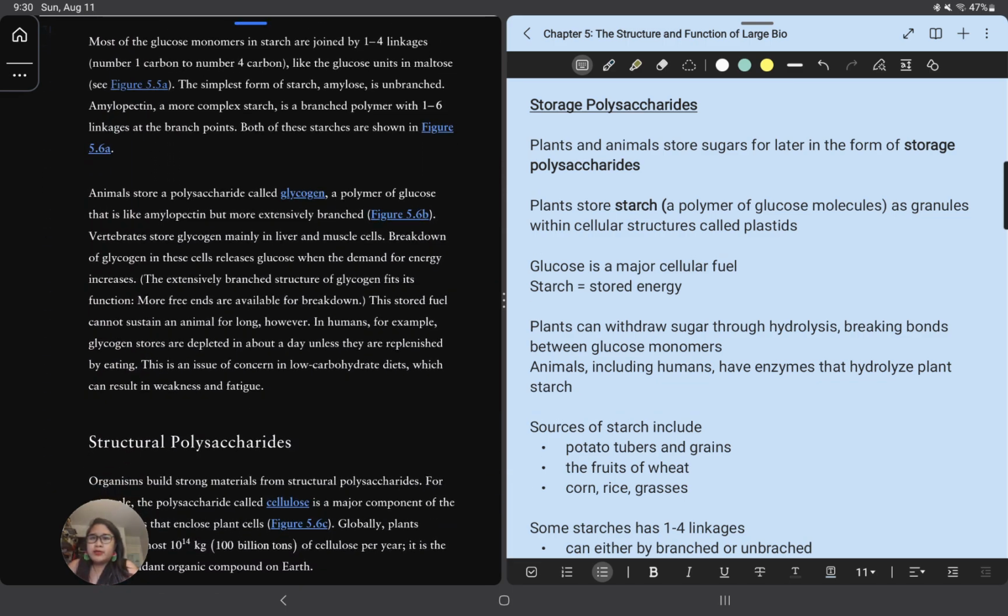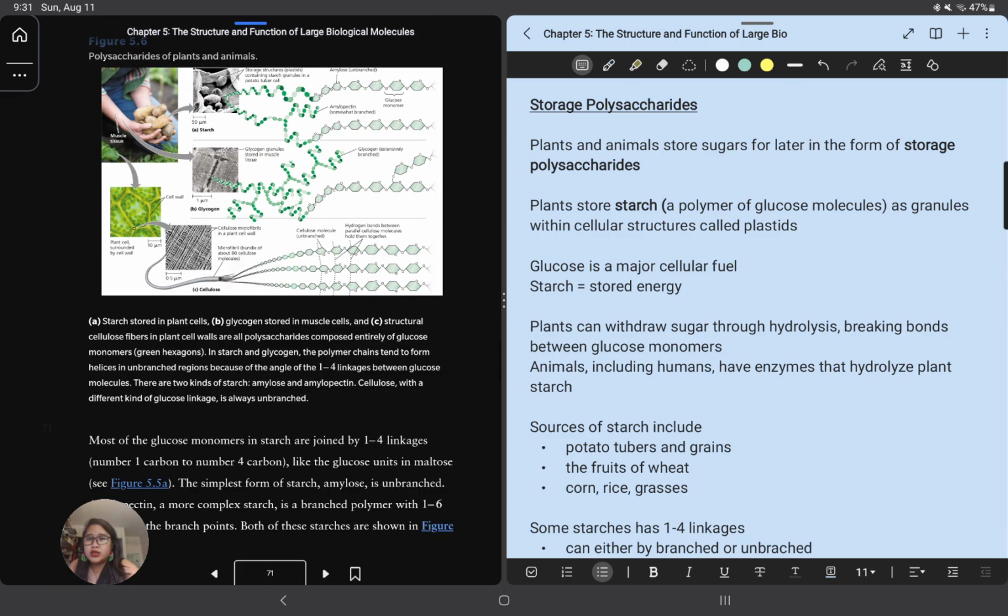Most of the glucose monomers in starch are joined by 1 to 4 linkages, number 1 carbon to number 4 carbon, like the glucose units in maltose. The simplest form of starch, amylose, is unbranched. Amylopectin, a more complex starch, is a branched polymer with 1 to 6 linkages at the branch points. Both of these starches are shown in figure 5.6.